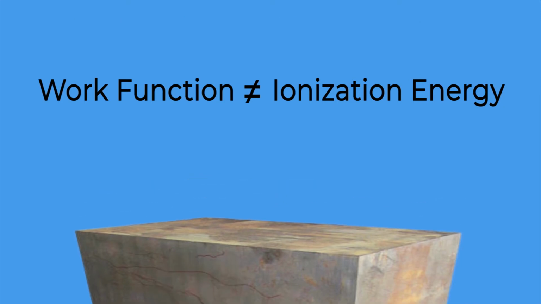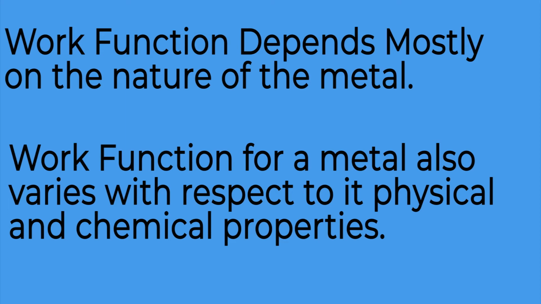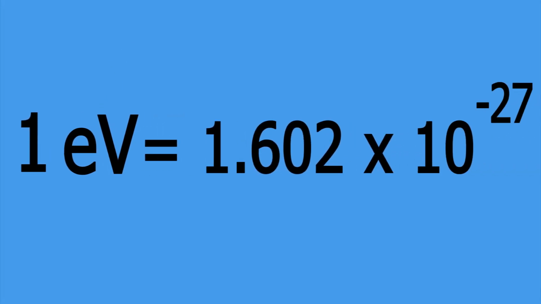The work function depends mostly on the nature of the metal, and it varies as per its physical and chemical properties. The work function is generally denoted by W0 or phi naught, and the unit used to measure it is eV, known as electron volt. 1 eV is equal to 1.602 multiplied by 10 raised to minus 19 joules.